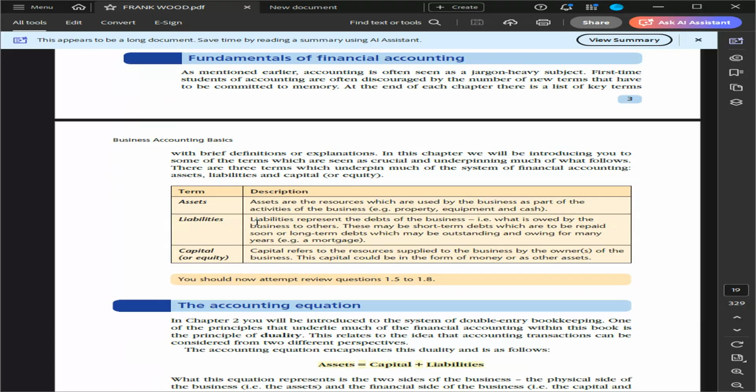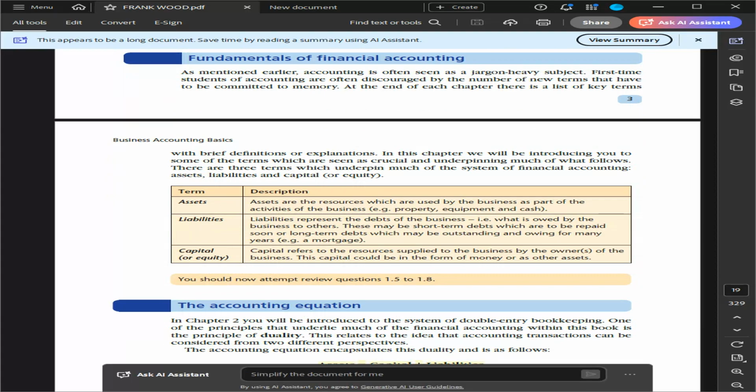So the fundamentals of financial accounting: in terms of the introduction to financial accounting, these are the three important words that you will be learning from now on. And as you move on, you will expand on what each of them means more and more.